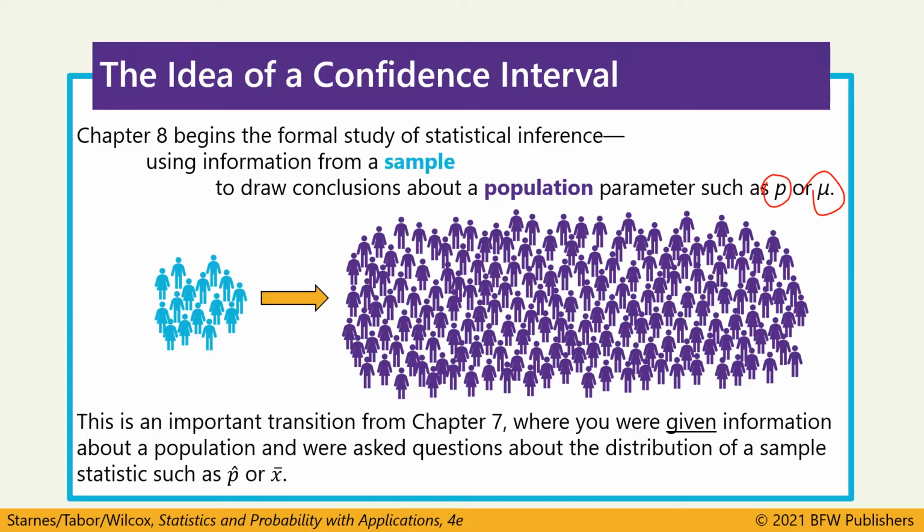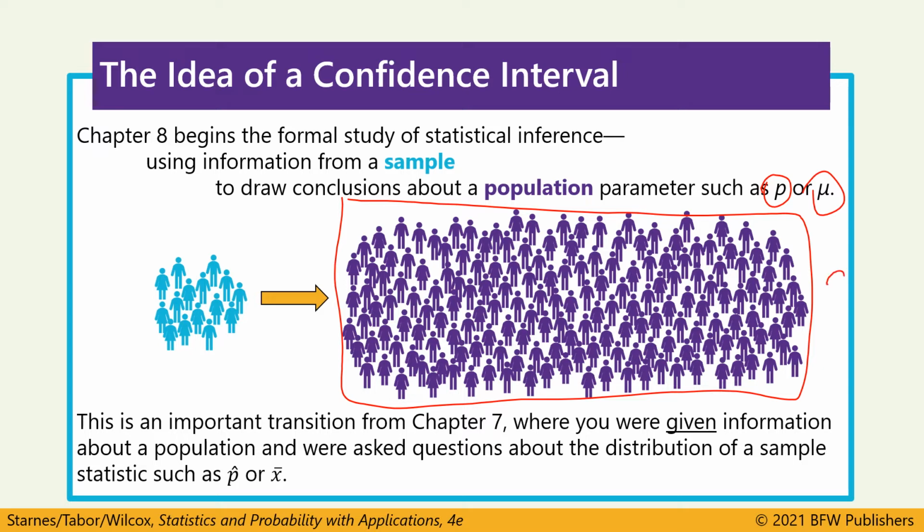Last chapter, we were given information about the entire population, and we used that to create the sampling distribution of the sample. But in this chapter, we're doing the opposite. We don't know what the population mean is or the true proportion is, and instead, all we have is the information from our sample. We want to use that to make estimates or conclusions about that population.